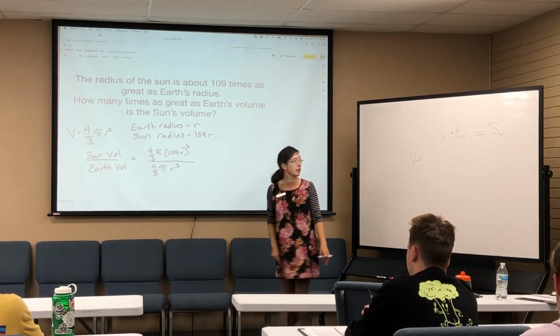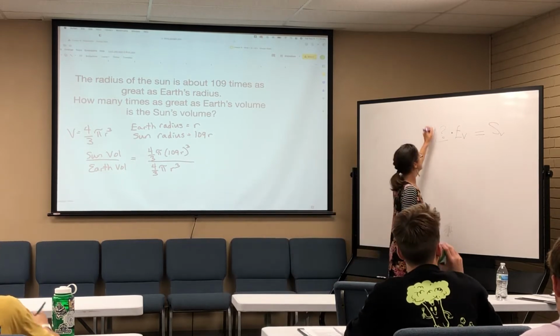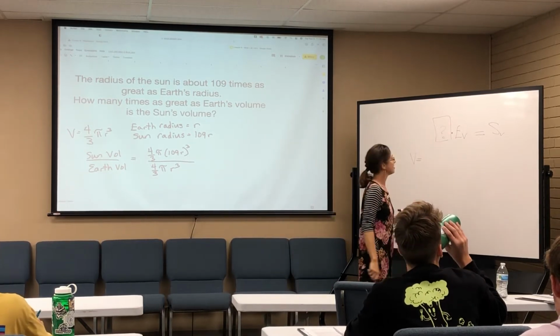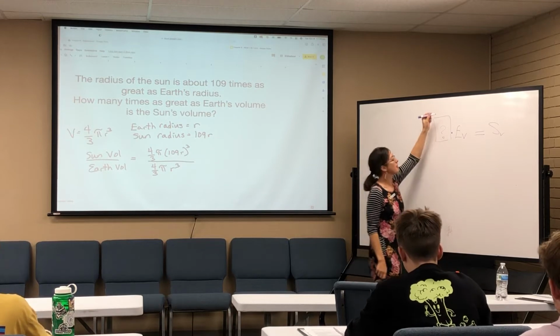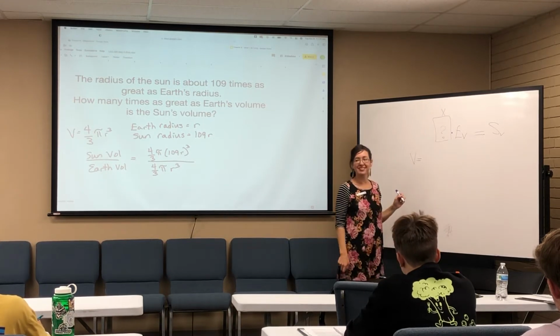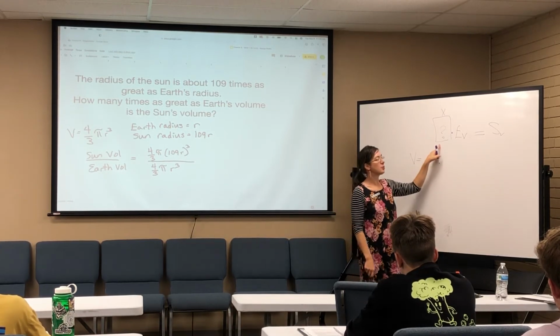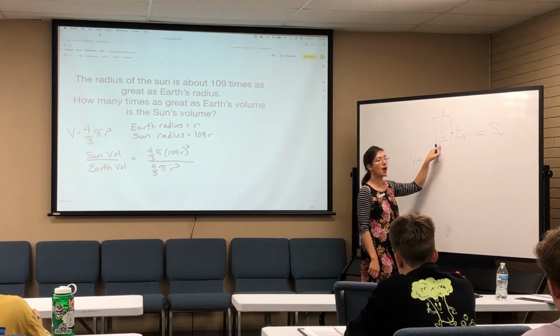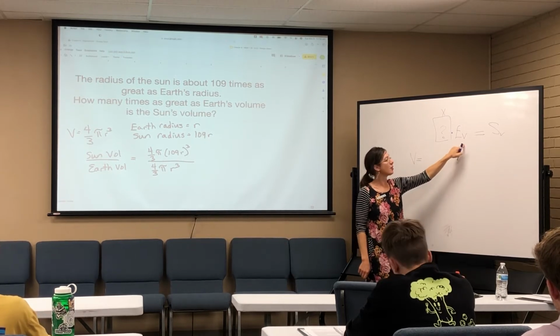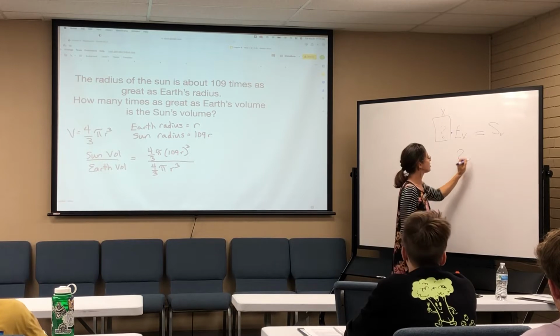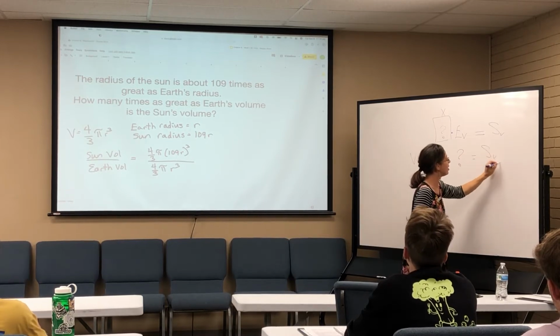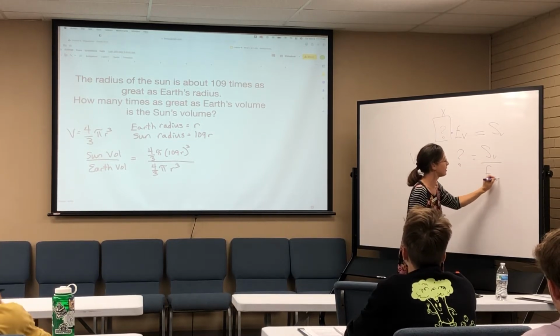So they're asking me to compare. I want to solve for my question. This would just be like an x, right? So what's the rule? X wants to go to the movies by himself. Who's the problem? Earth. So I want to solve for my question, so I need the volume of the sun divided by the volume of the Earth.